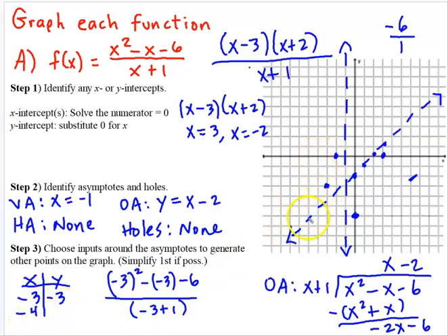We'll keep going to the left and see if we can identify a pattern that's happening. So what do you get as an output if you input -4? Somebody want to give me that? Just let me know. Anybody got it?